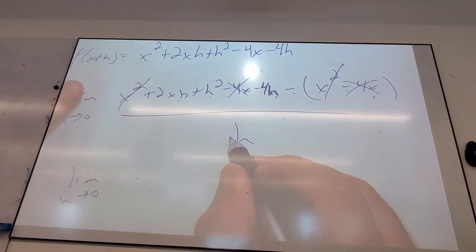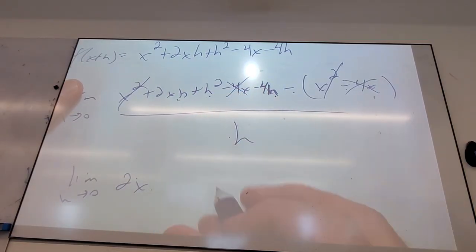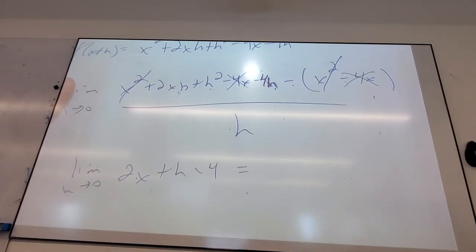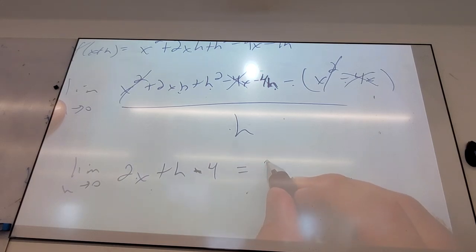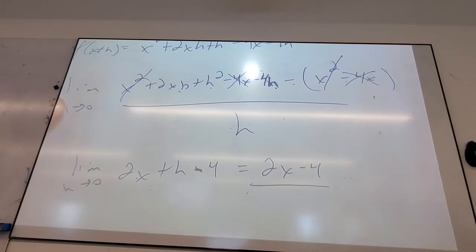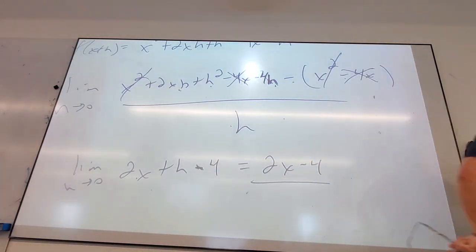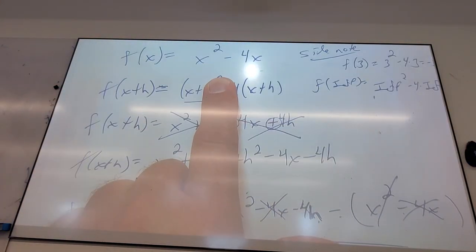So 2xh divided by h is 2x, h squared divided by h is h, negative 4h divided by h is negative 4. And now what do I get when I let h go to 0? 2x minus 4. That is the function that represents the slope of this function at any point.